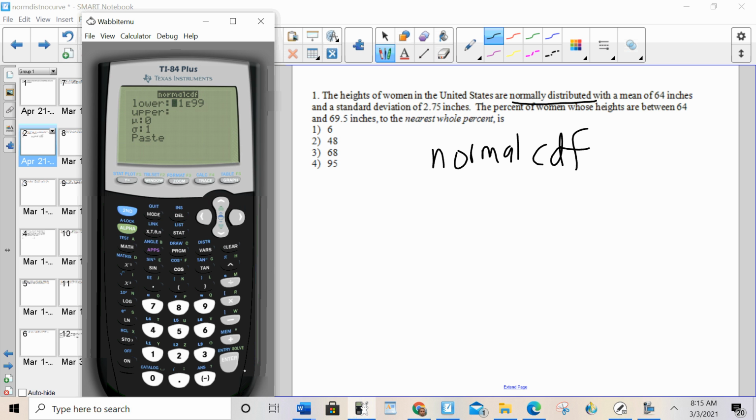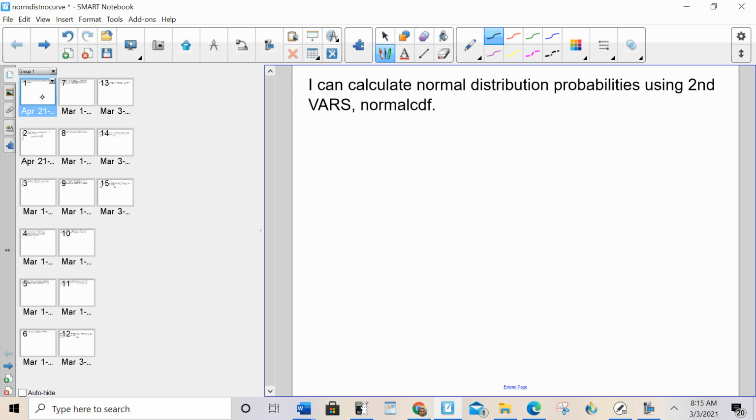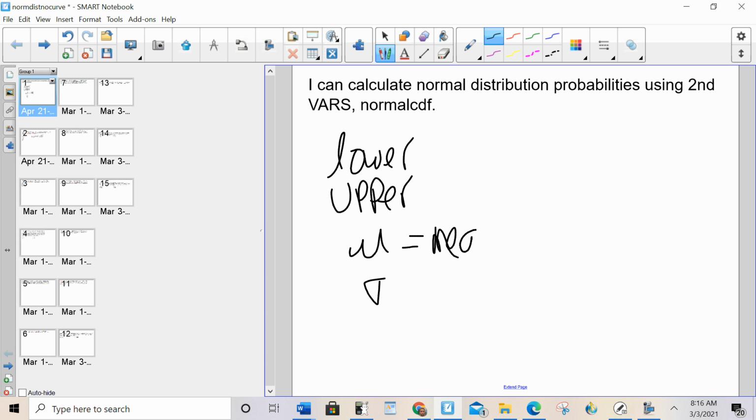So let's talk about what these things mean first. We have lower, upper, mu, and sigma. Mu and sigma are Greek letters, and mu is a variable for the mean, and sigma is a variable for the standard deviation.